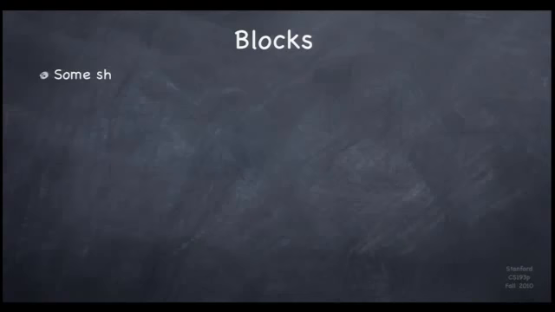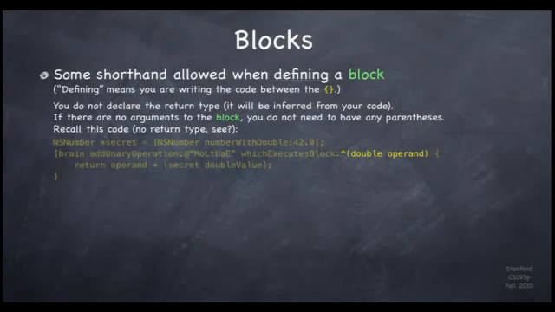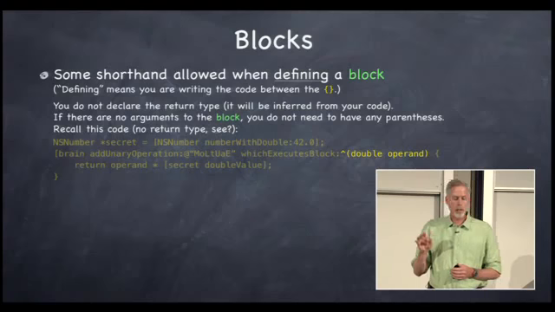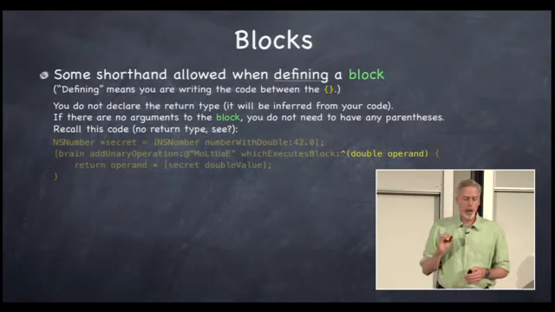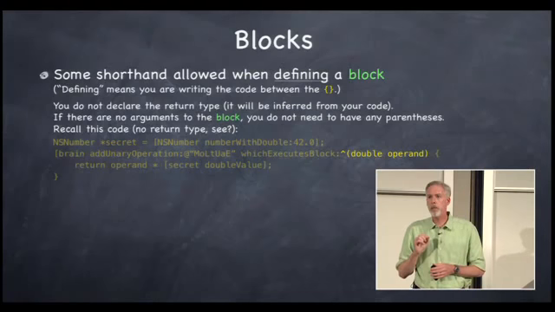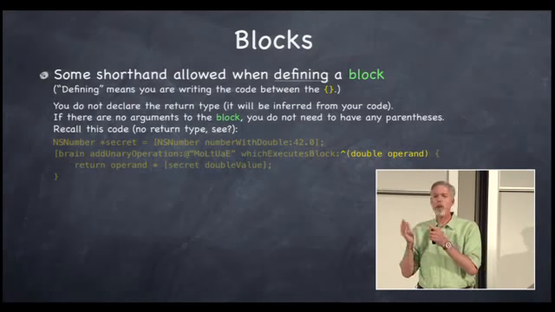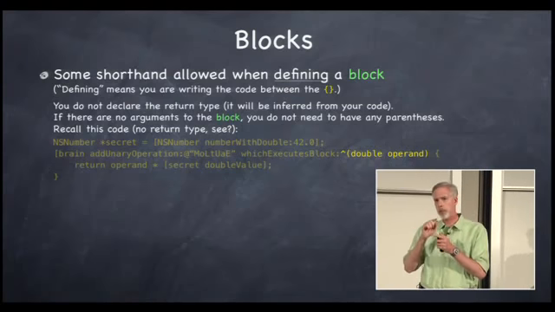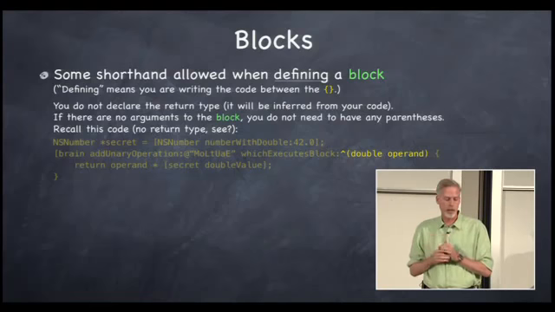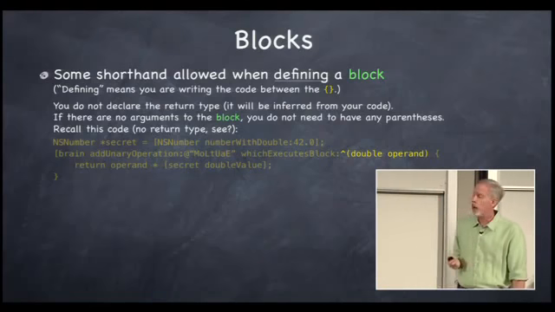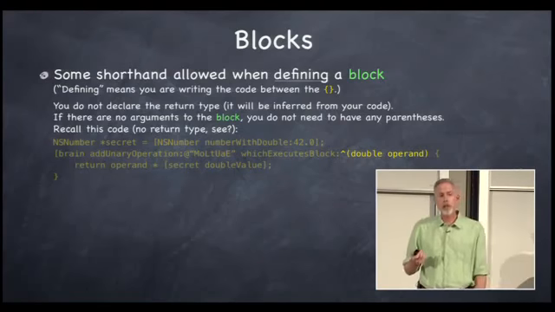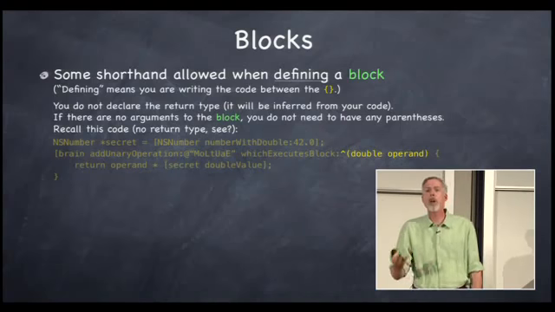All right. Now, when you're defining a block, when you're calling a method that takes a block, you get to use a little bit of shorthand. For example, if the block takes no arguments, then you don't have to put open parentheses, close parentheses as the arguments. You can just put caret, open curly brace. Okay, and that's quite common. Also, you never have to define the return type when you're calling the thing.